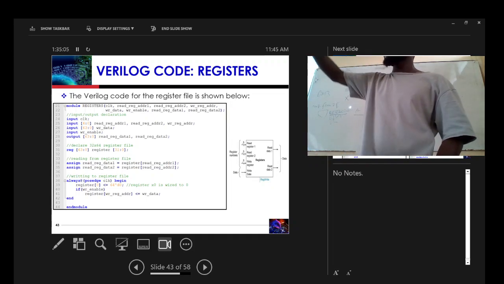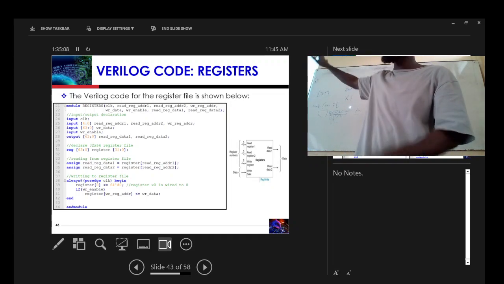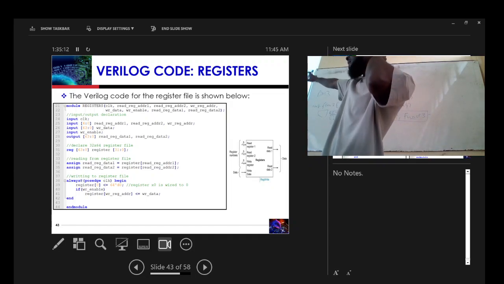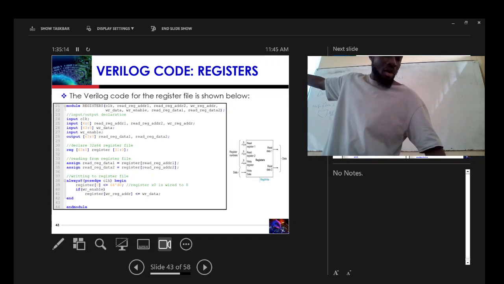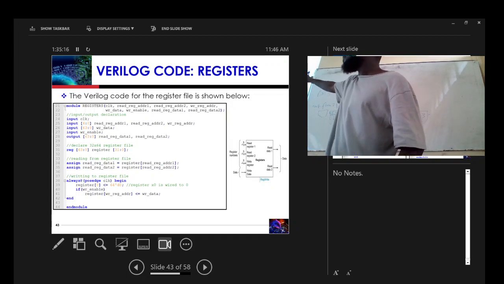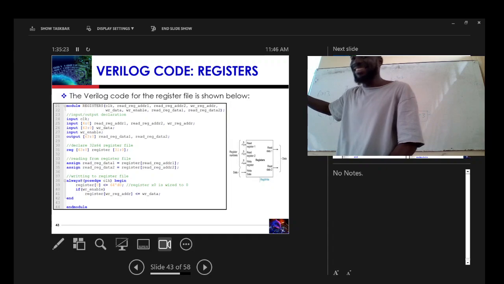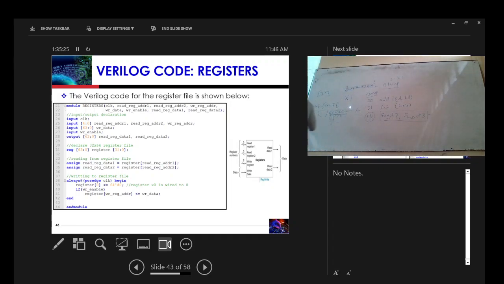Okay. So this is the register file. How you design the register file is all here, right? Have you seen it? Look at it. Please pay attention. We have 2 outputs for read. We have one input to write to, right?